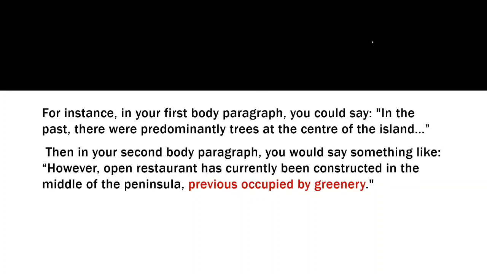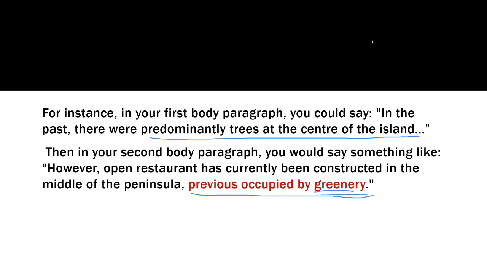So for example, now you can say in the past there were predominantly trees at the center of the island. I hope you can see my screen. There are mainly trees in the center of the island. Okay. Then in your second body paragraph, when you are talking about that same location, you say something like, however, an open restaurant has currently been constructed in the middle of the park, previously occupied by trees.